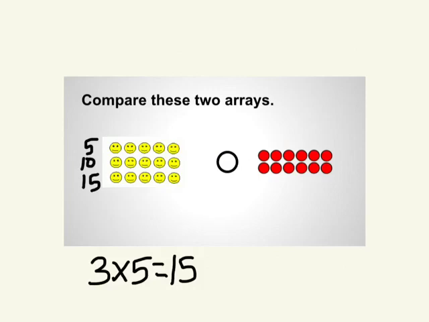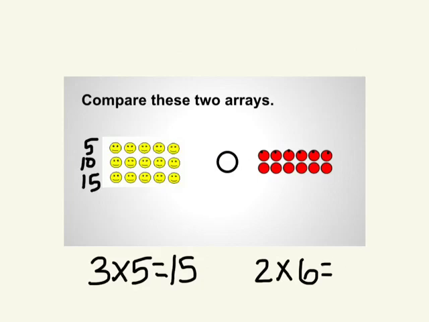Okay, now let's check the second array you drew. I notice there is 1, 2 rows of, let's see how many in each row. 1, 2, 3, 4, 5, 6. 2 rows of 6 equals. Now I don't know about you.